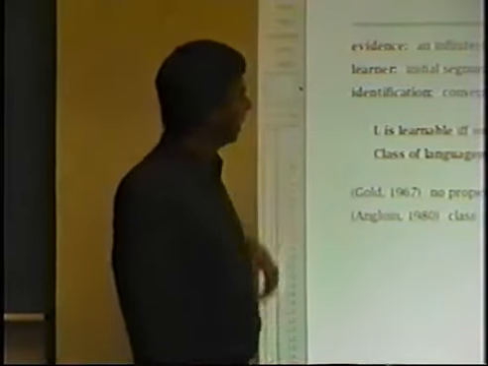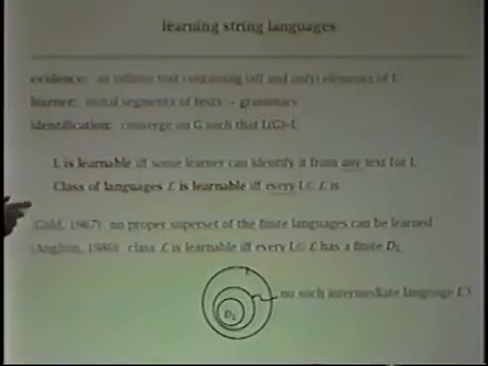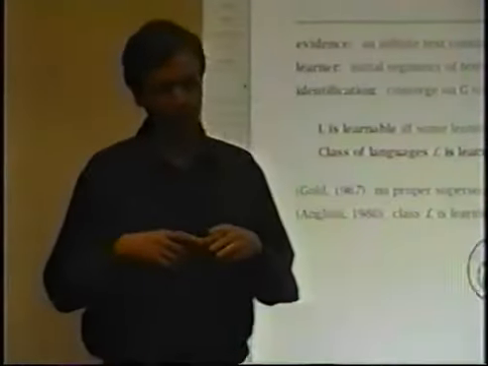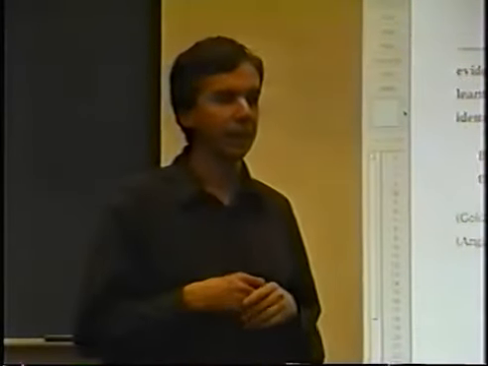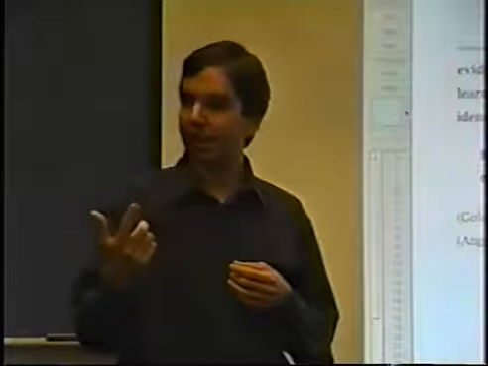So this is the setup which was described by Gold many years ago, and he showed that in this setup, no proper superset of the class of finite languages can be learned in this sense. That is, it's easy to define a learner which will guess every finite language. All the learner needs to do is to guess at each point everything it has seen.